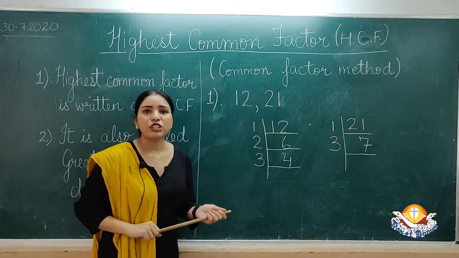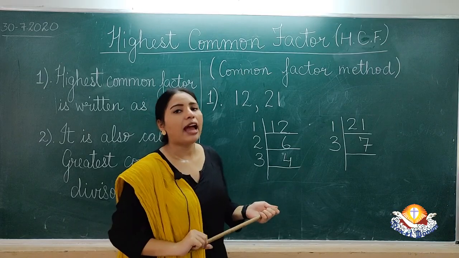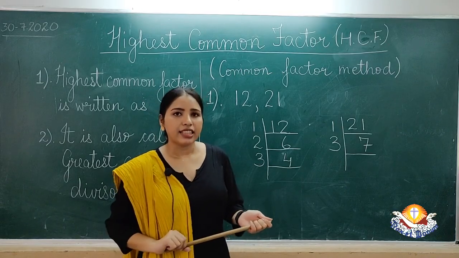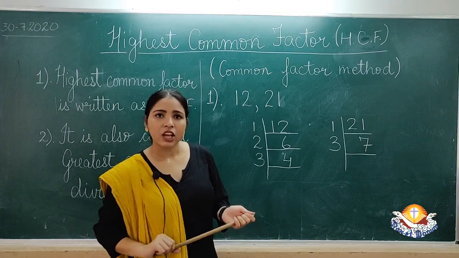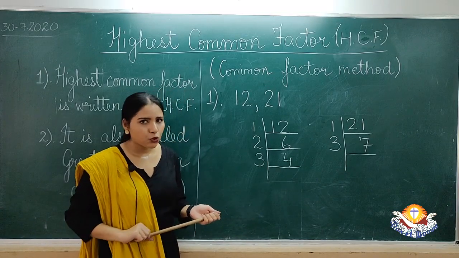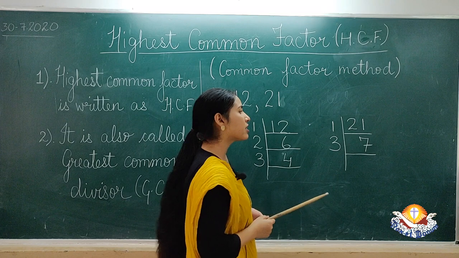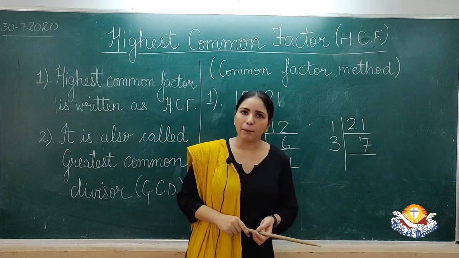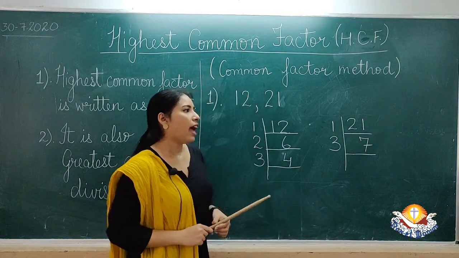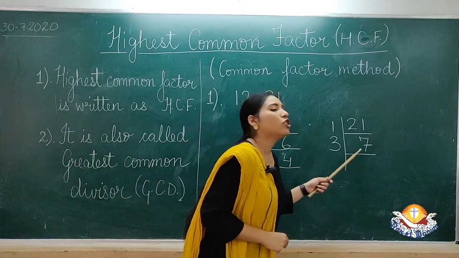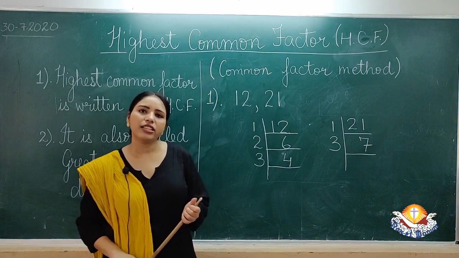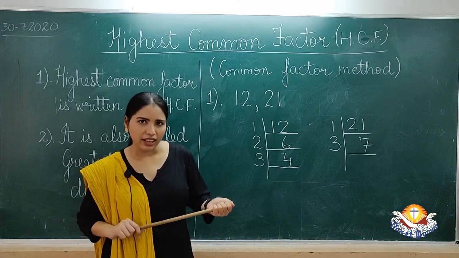Now the numbers which come after 3 and before 7, that is the numbers 4, 5 and 6, do not have the number 21 in their tables. So we do not write those numbers. We skip them and straight away we come to the number 7. So we know that 7 3s is 21.